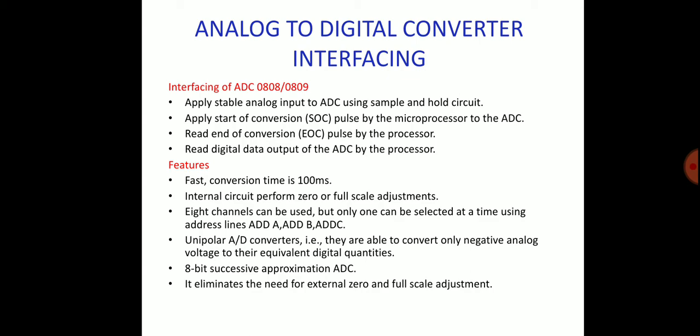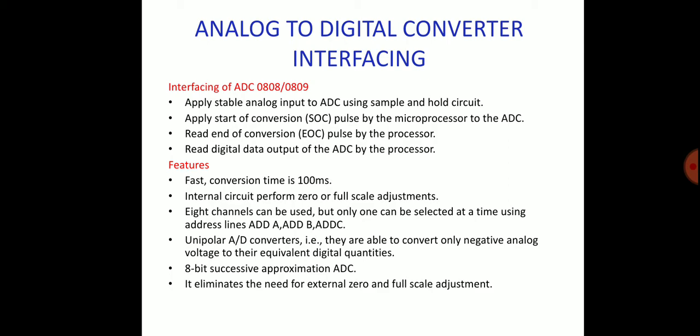Second, apply the start of conversion pulse by the microprocessor to the ADC. Third, read the end of conversion pulse by the microprocessor. Fourth, read the data output of the ADC by the microprocessor.